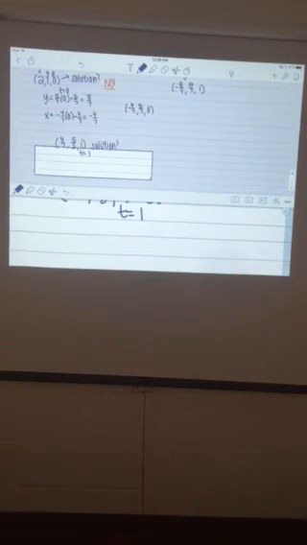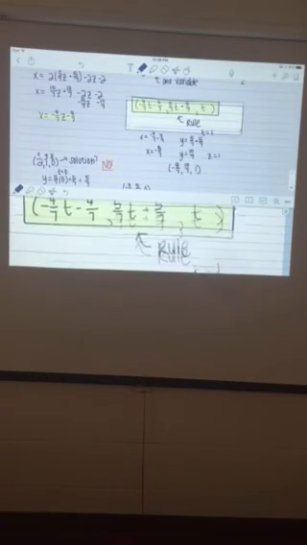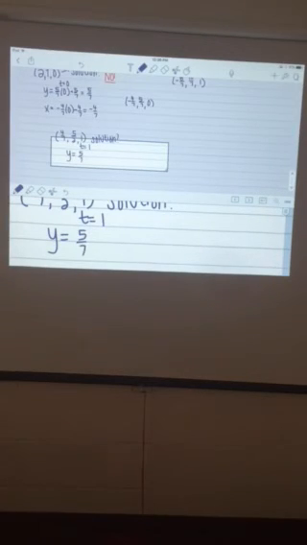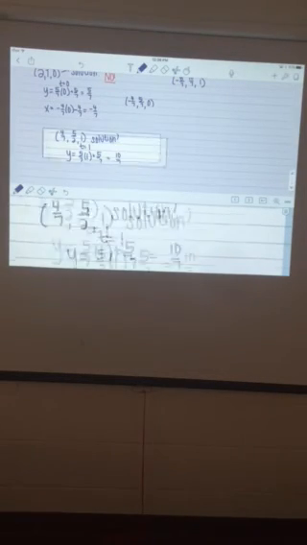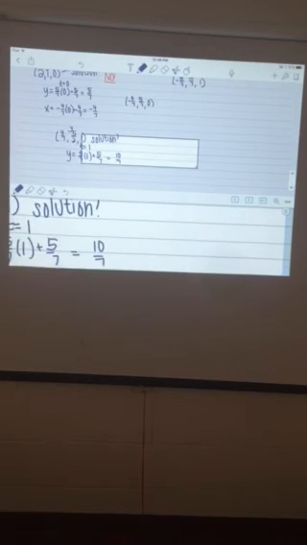So if t is 1, then y would have to be, according to our equation, where we write our equation up here, 5/7 t plus 5/7. So it would need to be 5/7 times 1 plus 5/7. That gives you 10/7. Our y, however, is 5/2. 10/7 is not the same as 5/2. So once again, no, this is not a solution.